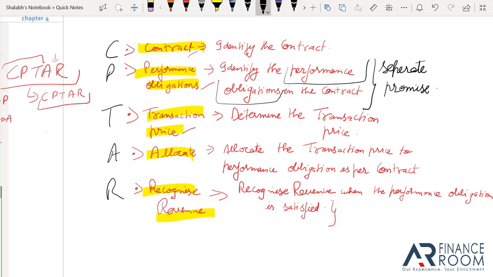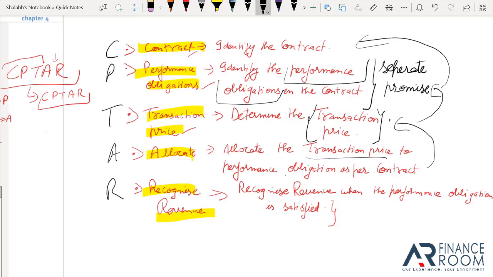Transaction price is what all benefits, what all monetary or non-monetary things form part of the transaction price. What all are you getting to deliver this promise, this performance obligation? You allocate this transaction price to performance obligation as per contract.